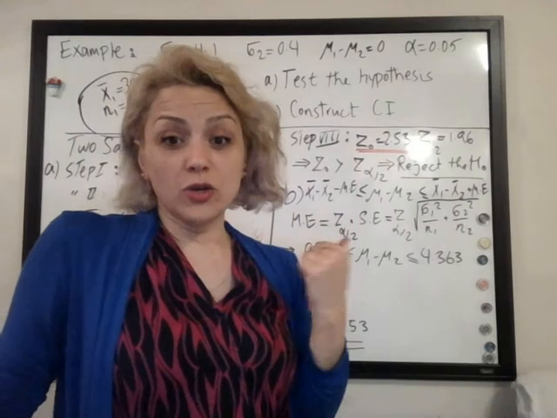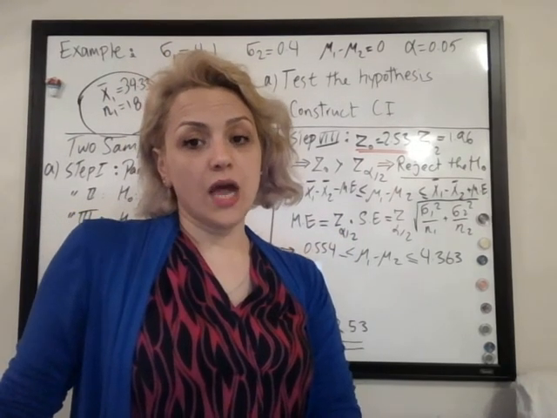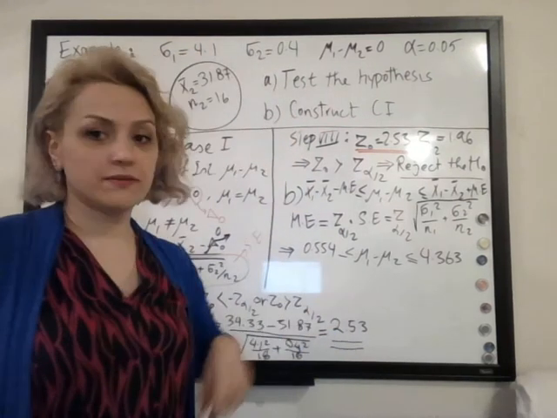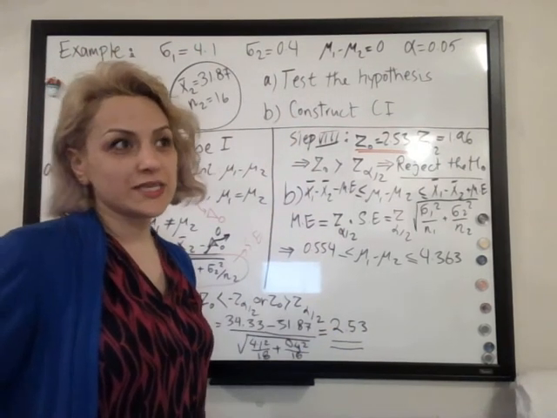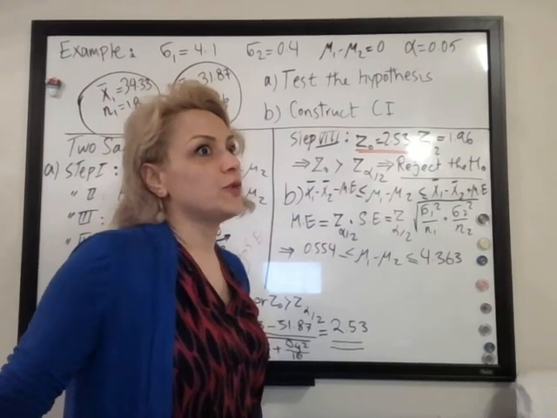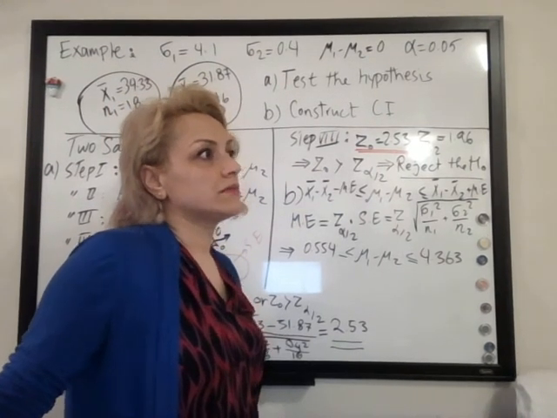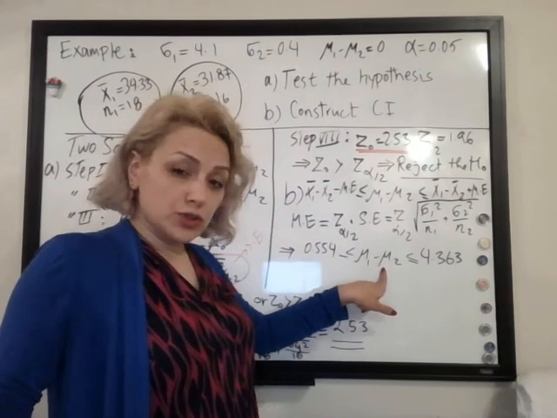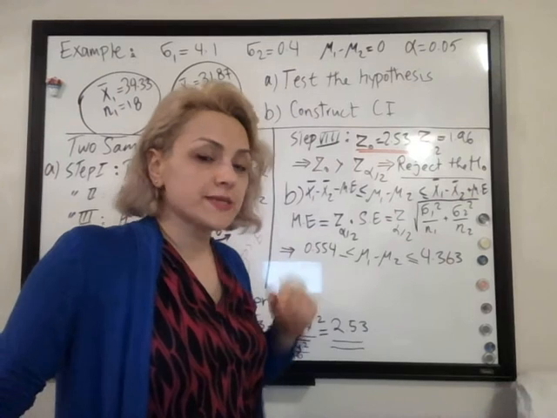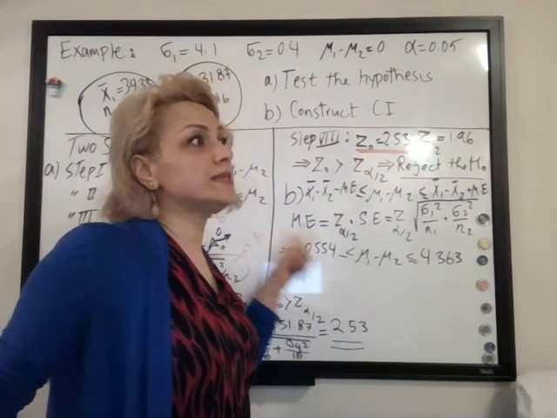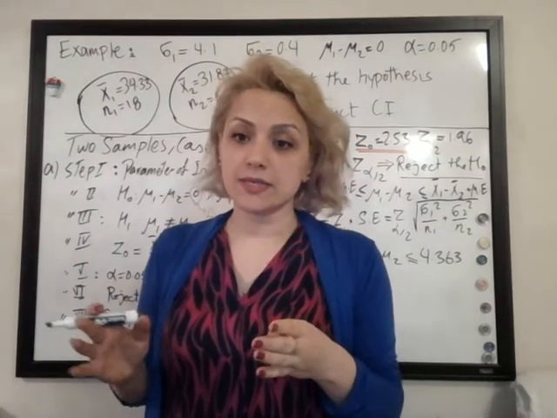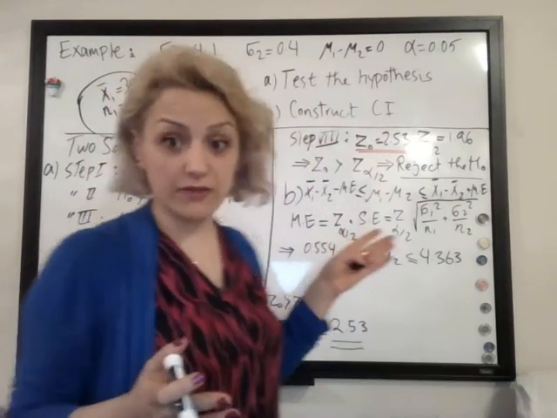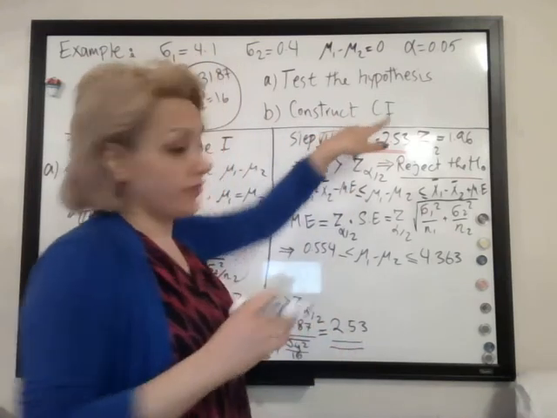Now, when you look at it, what conclusion can you make? What does it mean? Think about it for a few minutes, and then come back and listen to the rest of it. So it's mu1 minus mu2. It means that if I do this experiment 100 times, 95% of the time, because we are developing the 95% confidence interval.